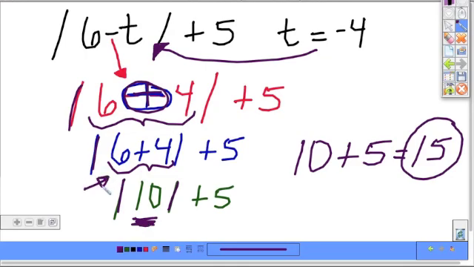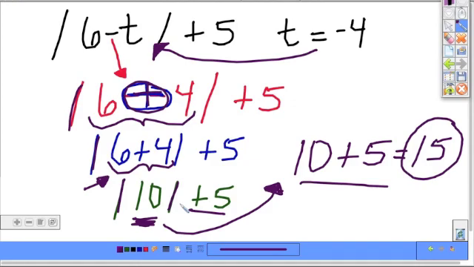This is an equation. When I go to pull this out of the absolute value bars to get rid of the bars, that's when I get my positive number. Because anything coming out of absolute value bars is going to be positive. And then I just continue with what the problem was originally, adding that 5 in there to get my final answer of 10 plus 5 being 15.